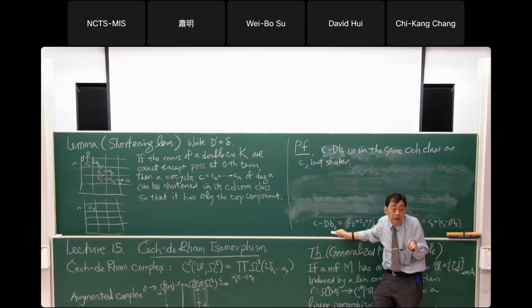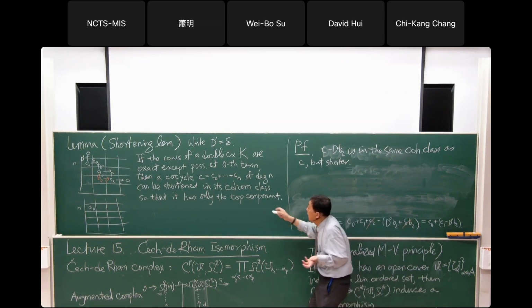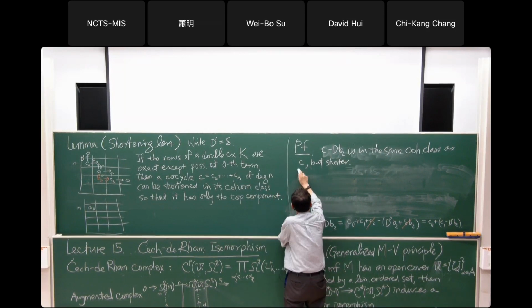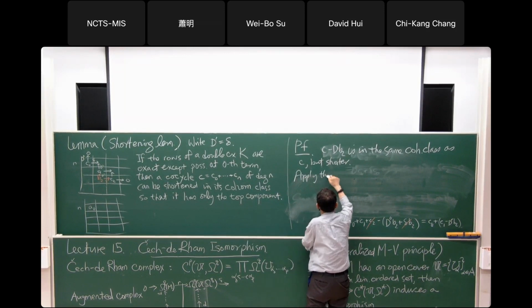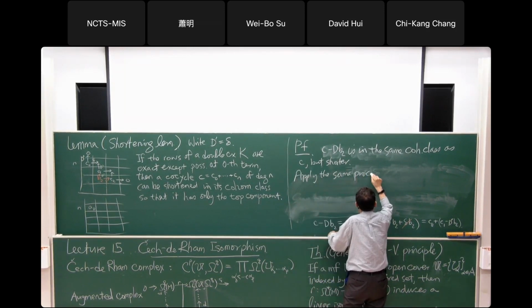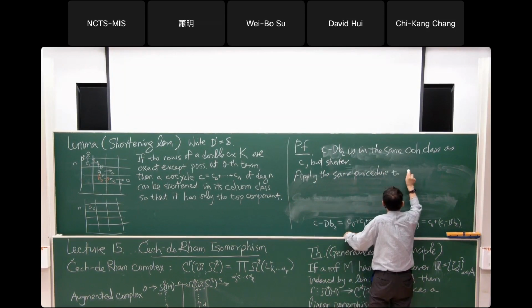So it's a cocycle that is shorter. Okay? You can apply this again to shorten it again. Apply the same procedure to shorten it.